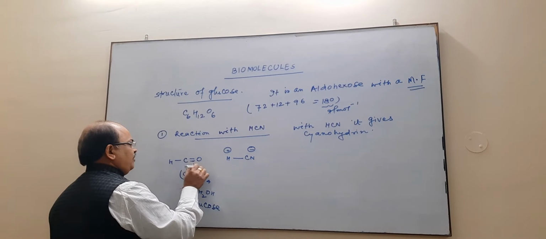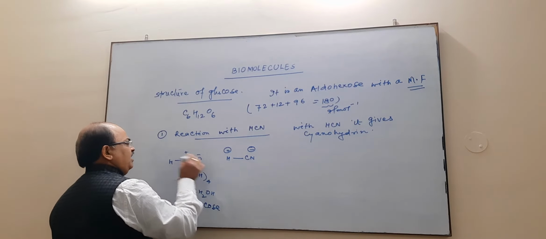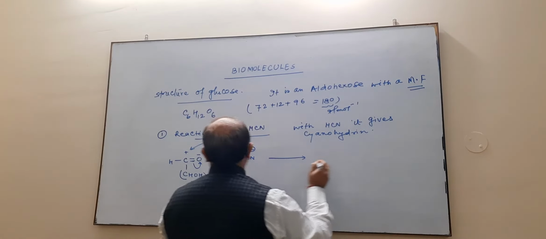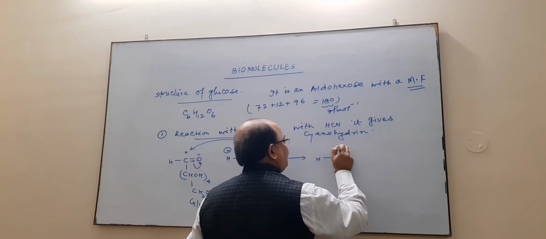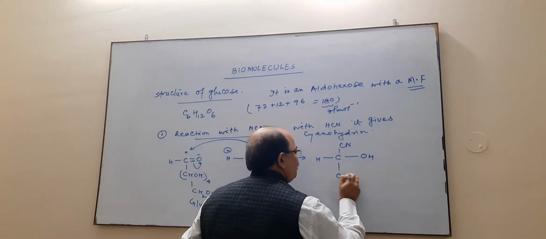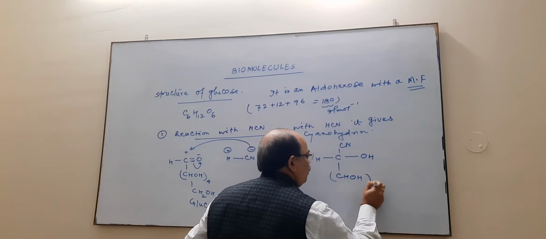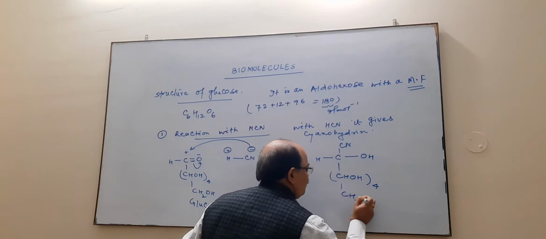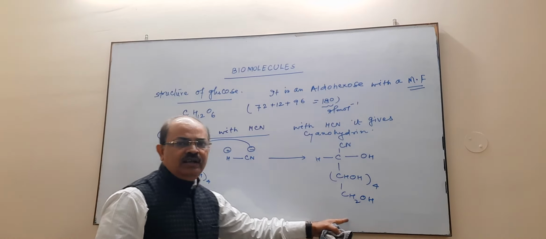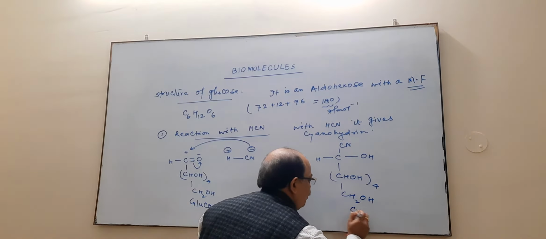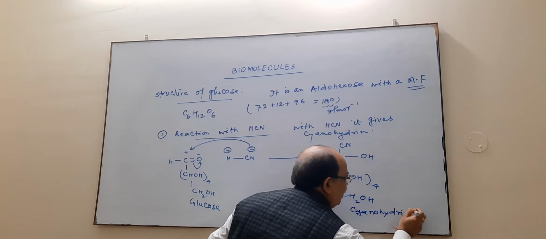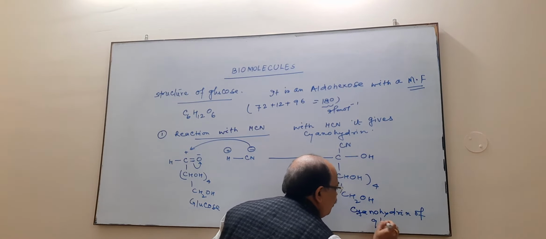So this is electromeric effect, minus plus. So this nucleophile will add, and then we can say CH, CN, OH, CHOH whole 4, CH2OH. तो ये आपका हो गया cyanohydrin of glucose.